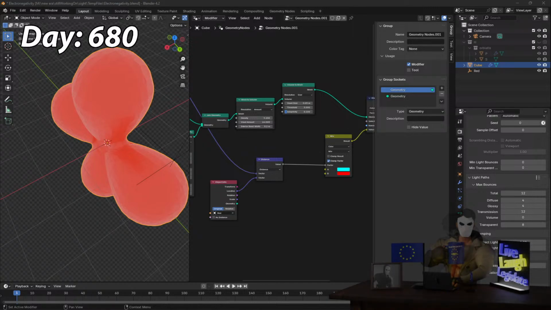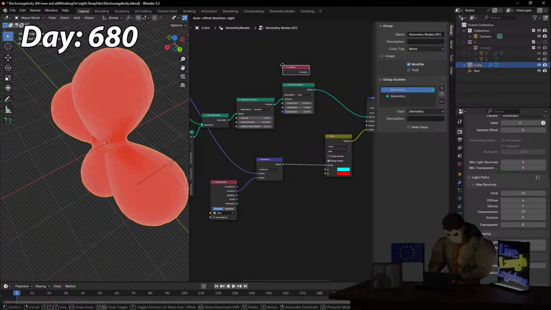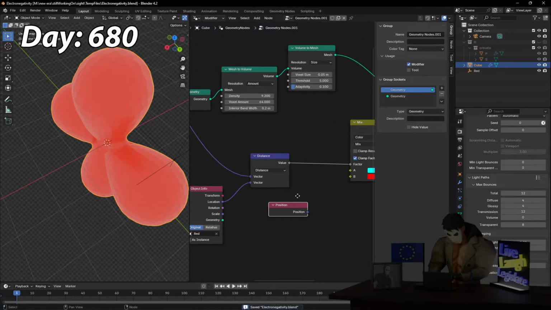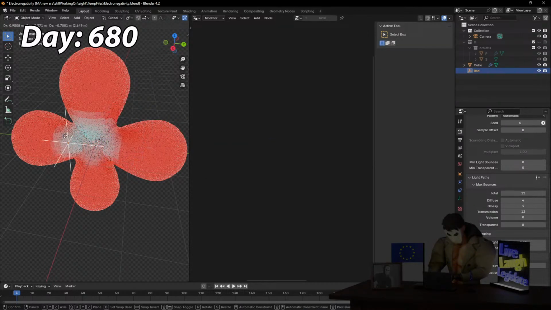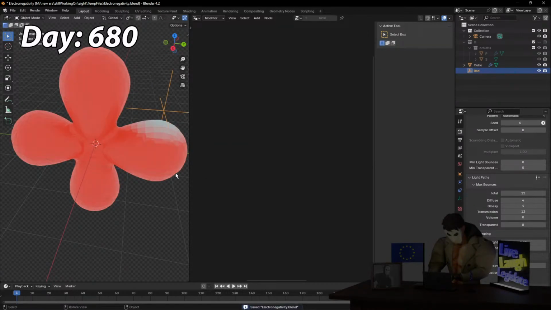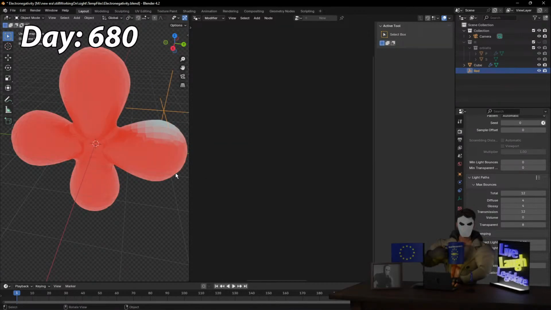There we go. Position node, you say? Oh, hell yeah. This will be tricky though.